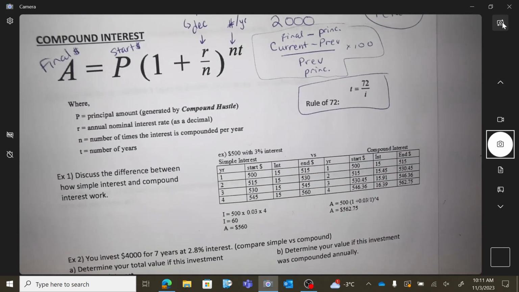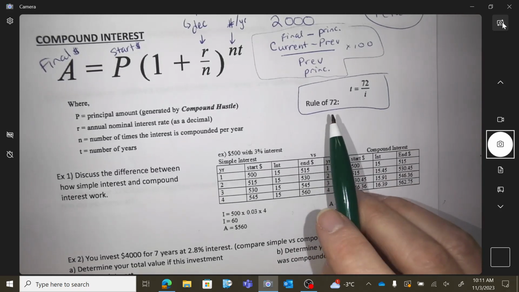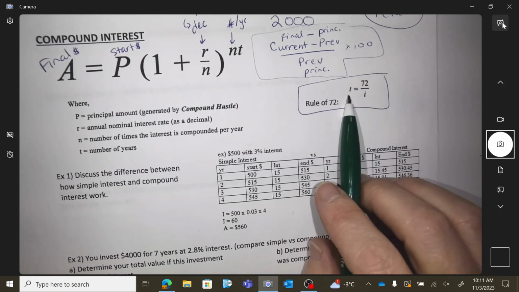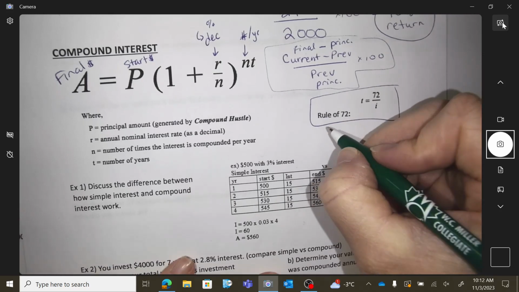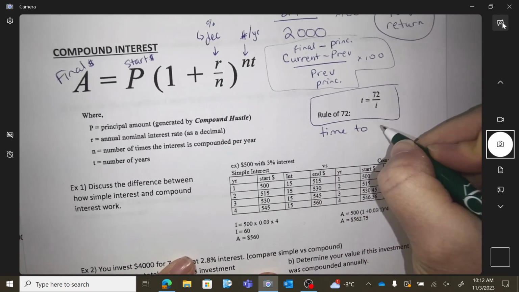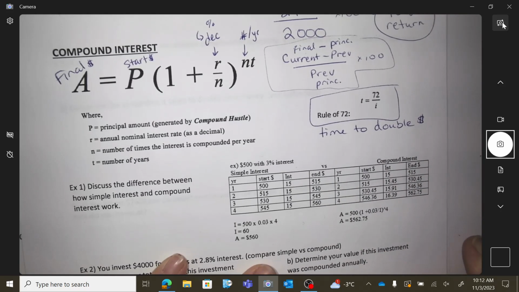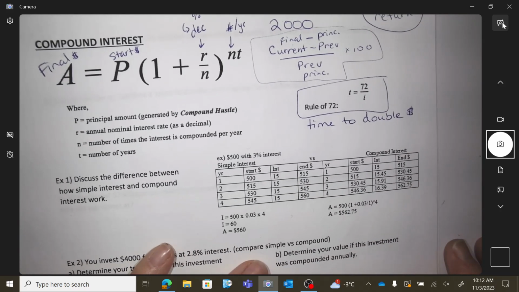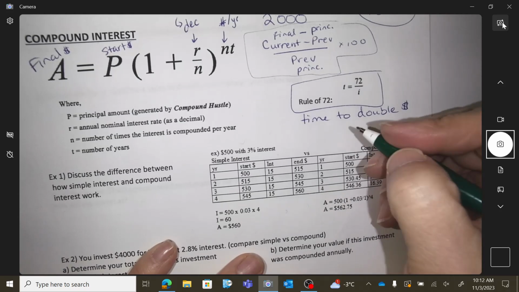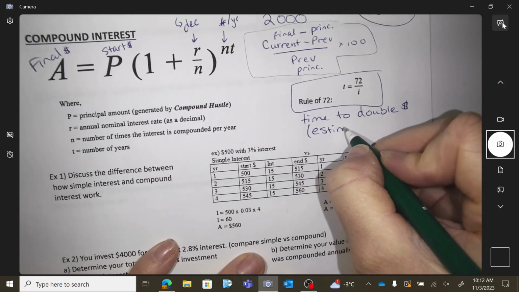Rule of 72 is just a little formula on your formula sheet, and it's going to be the time to double your money. That formula is an estimate. How long does it take you to double your money? And it's an estimate.